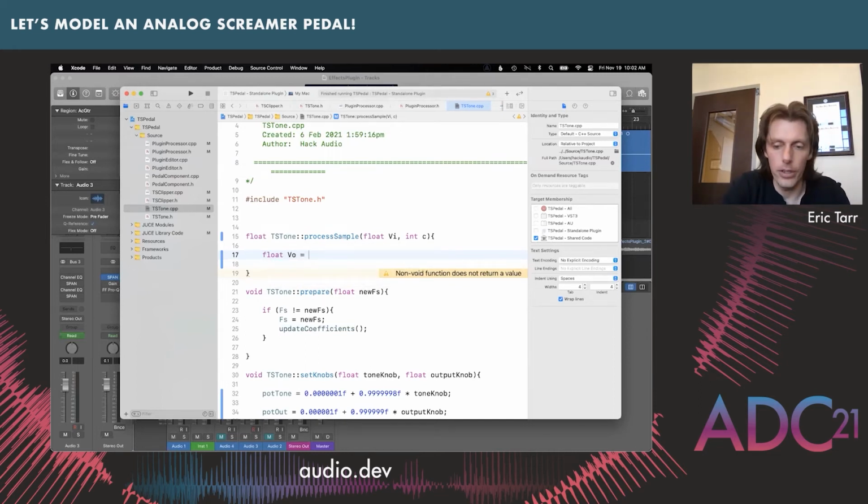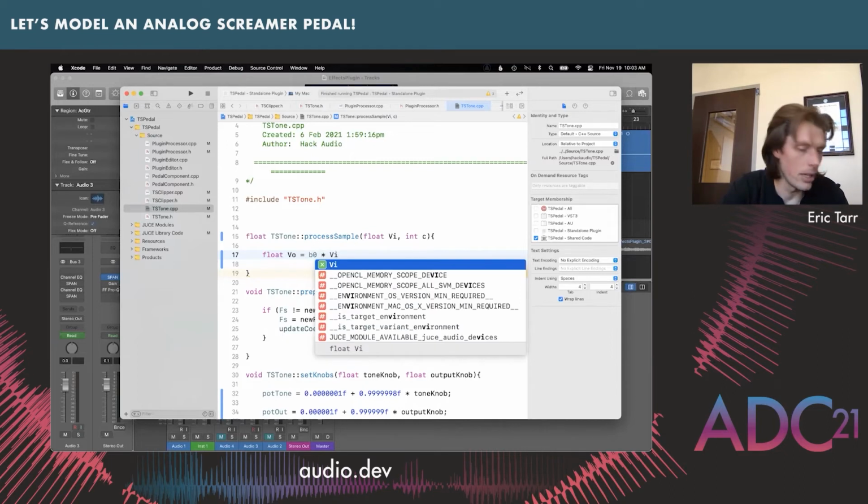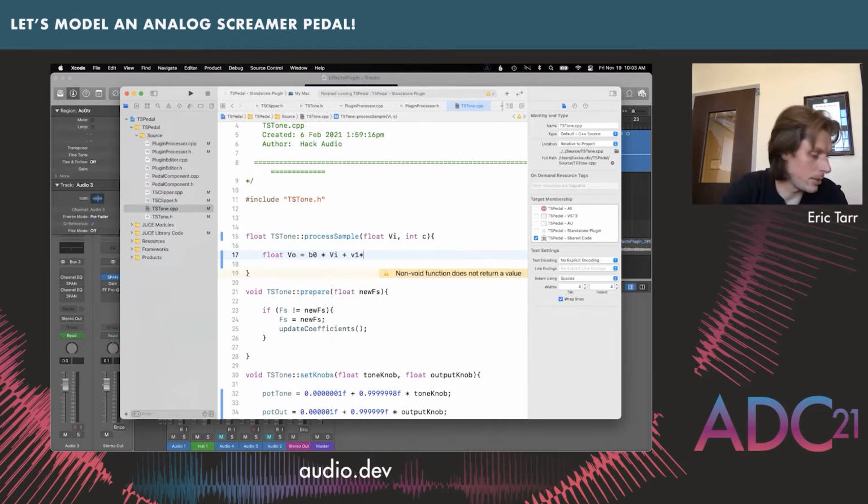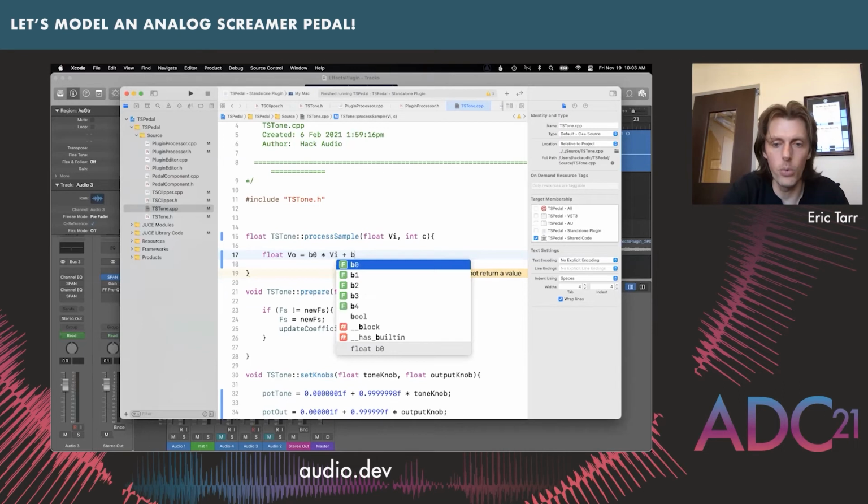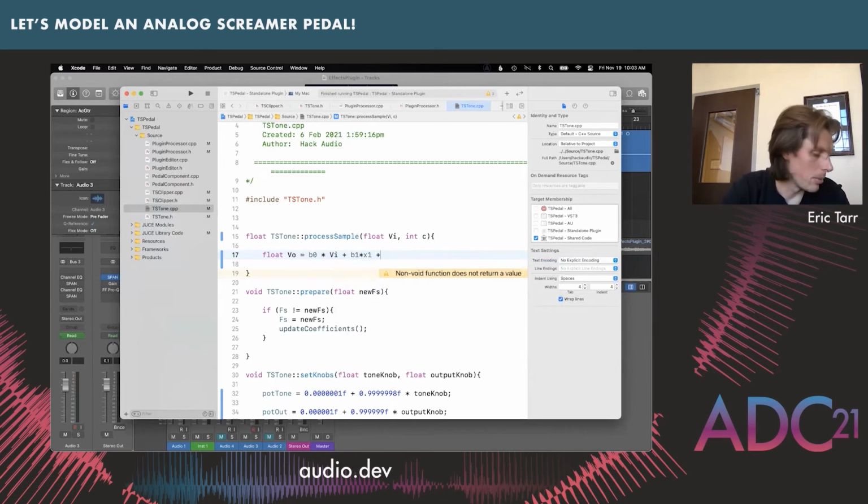We've done these once, calculate them already, B0, and our voltage times our input, plus B1 times X1, plus B2 times X2, plus B3 times X3, plus B4 times X4.